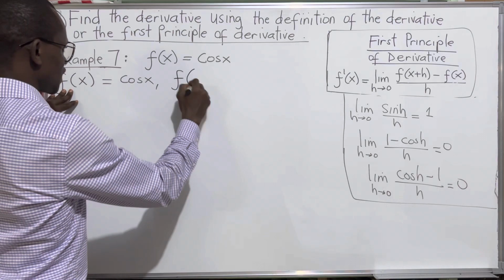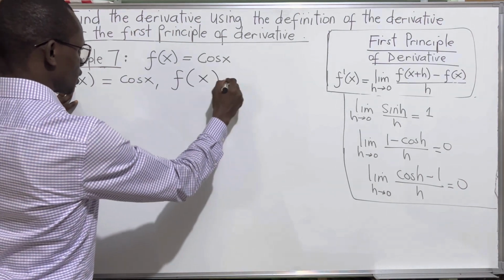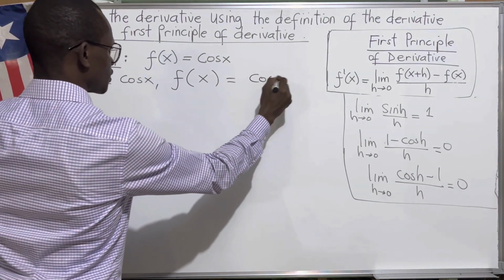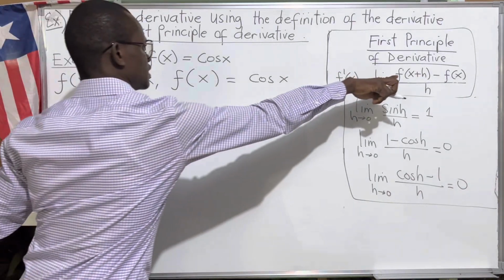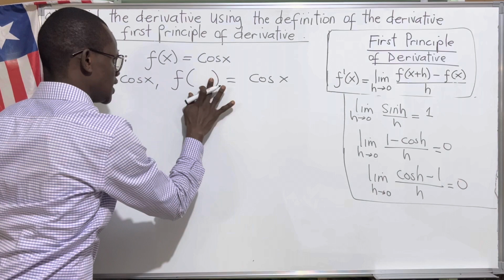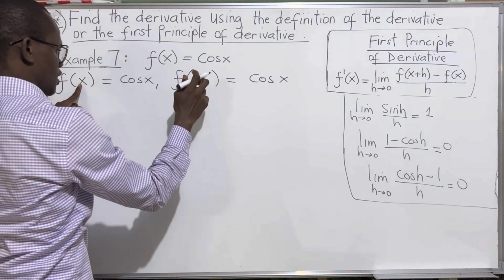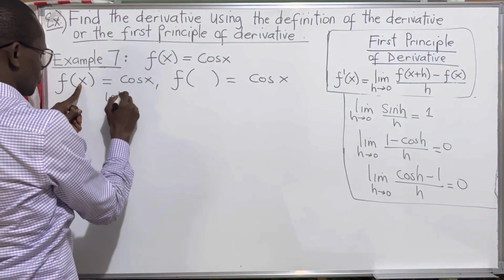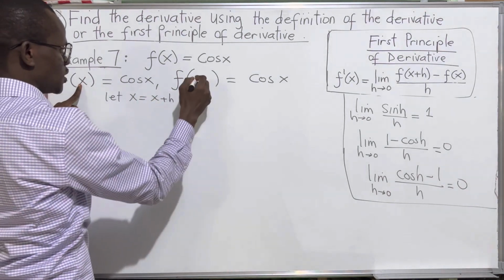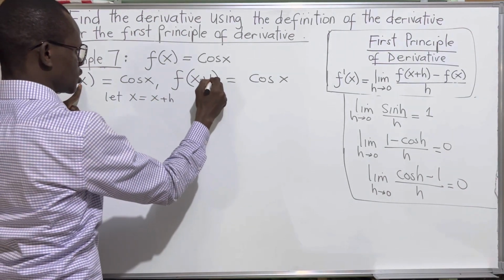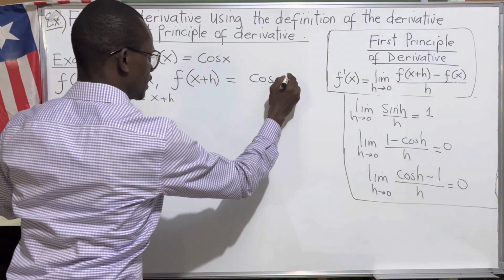We rewrite the same f of x equals cos of x, but this time, since we need x plus h, we take this x from there and say let x equal x plus h. So we can replace this x now with x plus h. We do the same on this side, x plus h.